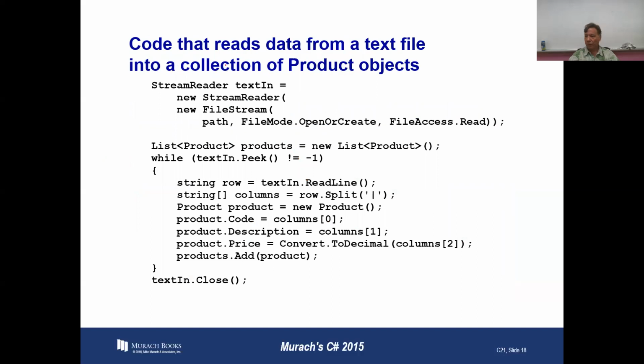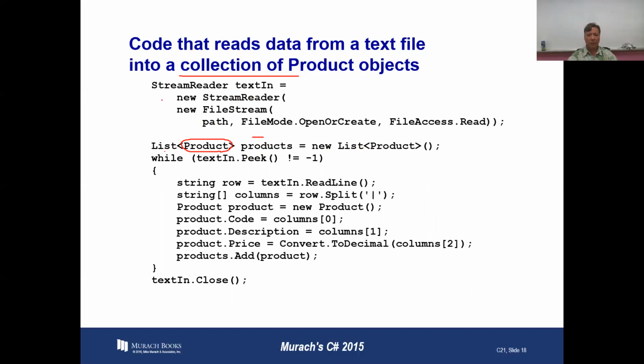So here's code that reads data from a text file into a collection of product objects. Here we create a list of products. This is a class called product, and we're going to create a list of these objects.